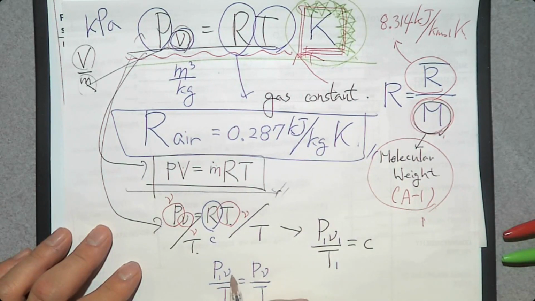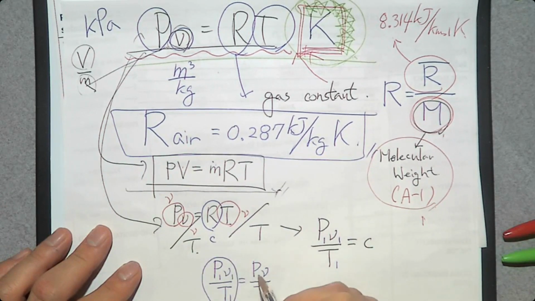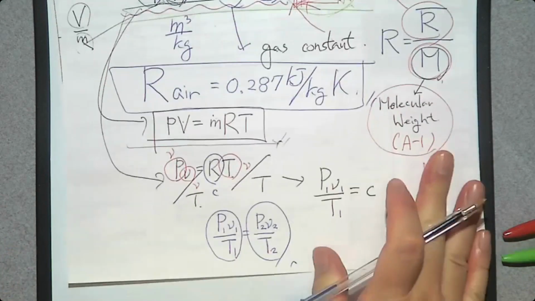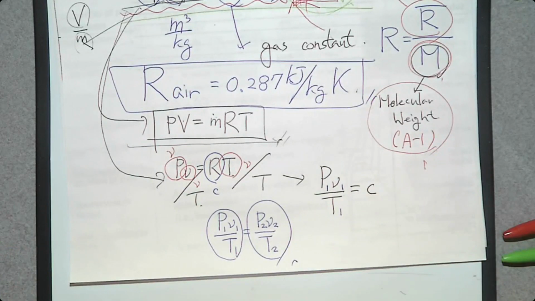Initial pressure, initial specific volume, initial temperature in this form should be the same as the final pressure, final volume, and final temperature. So there are two equations, this one and this one. These are the ideal gas equation of state.